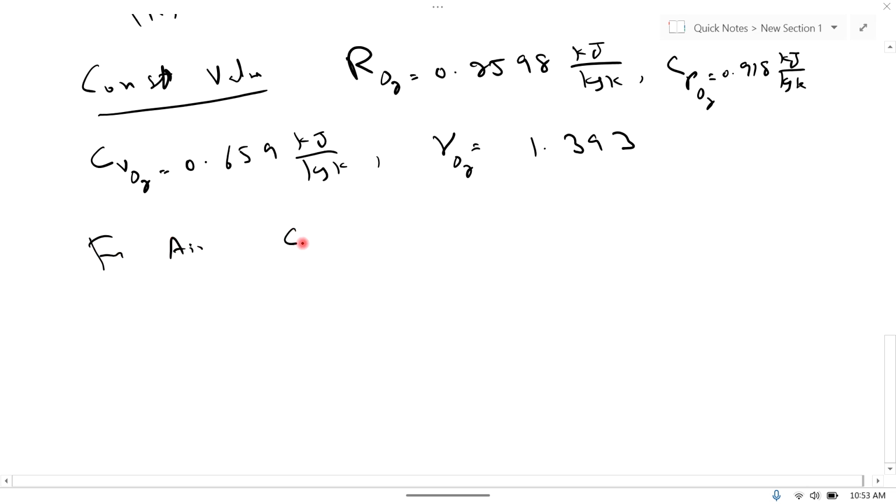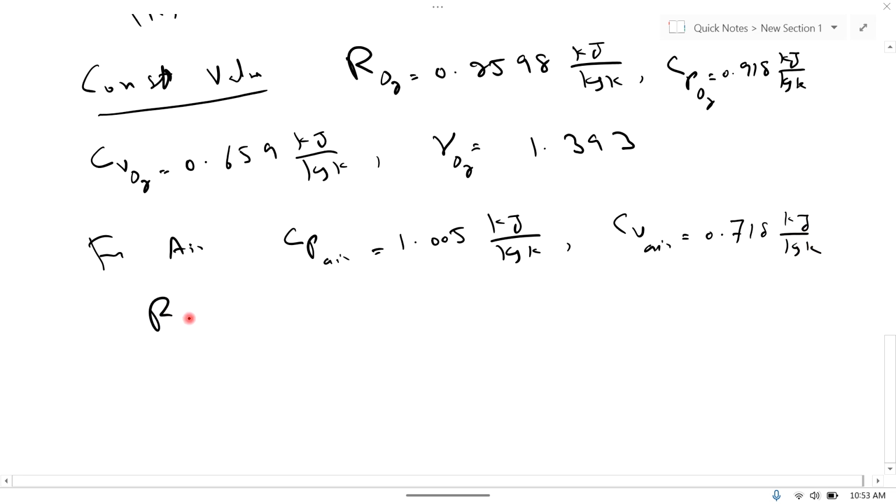Similarly, constant values for air. The Cp value for air is 1.005 kilojoule per kilogram per Kelvin. The Cv value for air is equal to 0.718 kilojoule per kilogram per Kelvin. R for air is 0.287 kilojoule per kilogram per Kelvin.